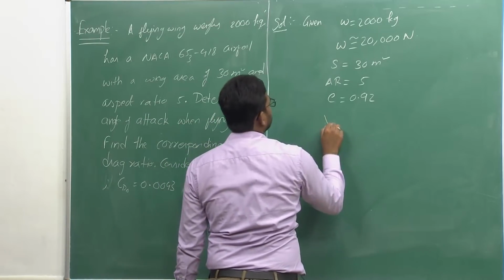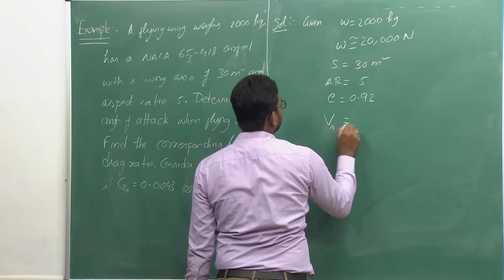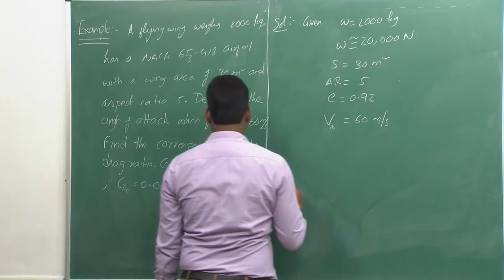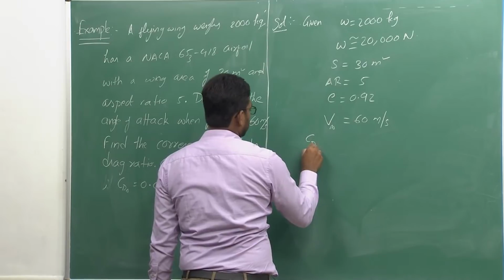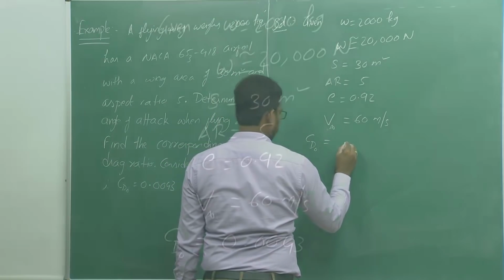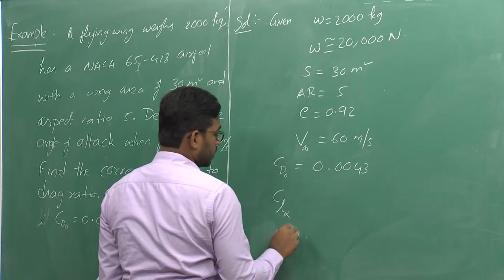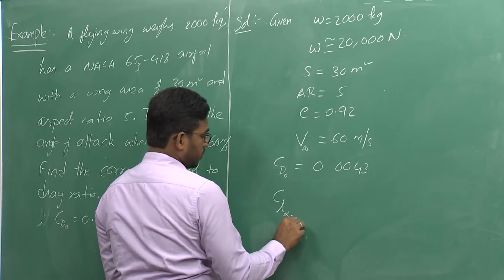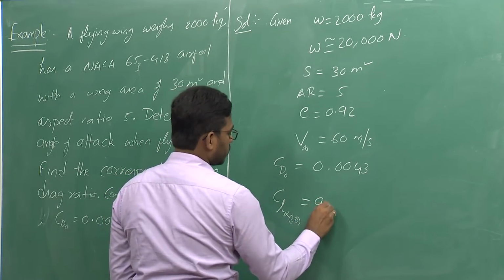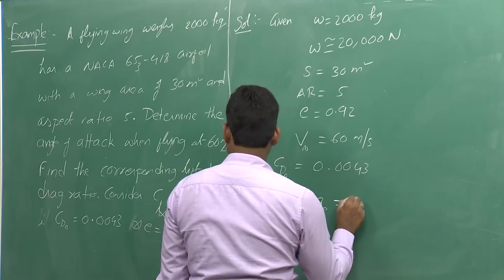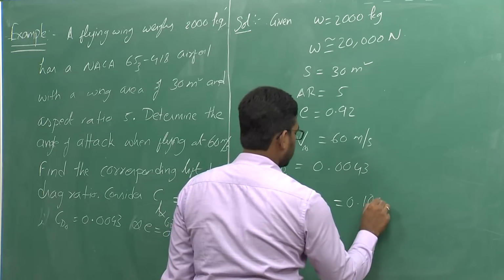And the cruise velocity V infinity is equal to 60 meters per second, right. At the same time, the CD naught of the wing is given as 0.0043 and CL alpha of airfoil, that is 2D, which is let us say A naught, is the airfoil CL alpha, which is equal to 0.106 per degree.